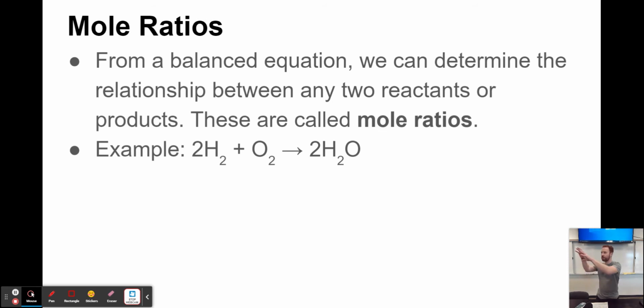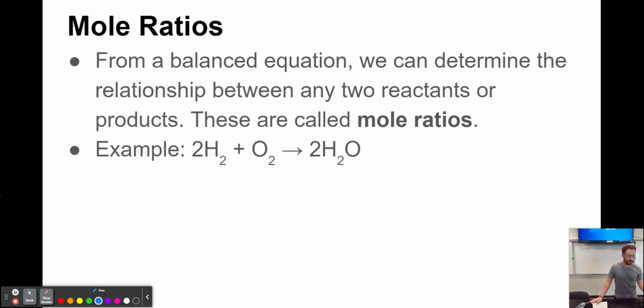Anytime that we pull one relationship from a balanced equation for two things, it could be two reactants, two products, or a reactant and a product, it's called a mole ratio. So for example, in this balanced equation, there are a bunch of mole ratios that we could come up with.